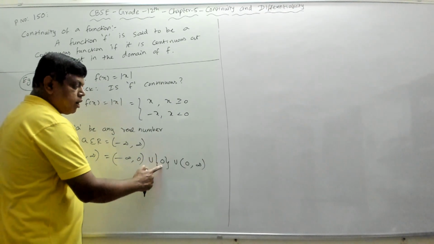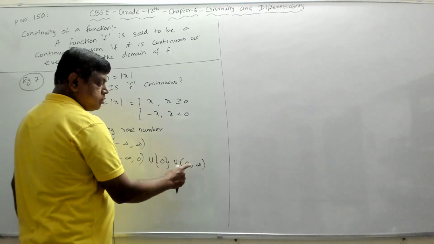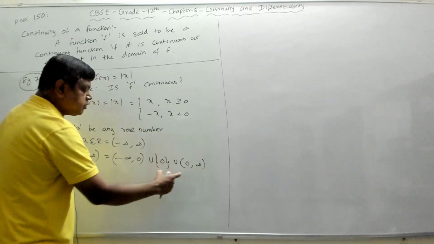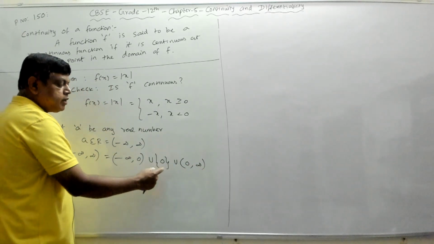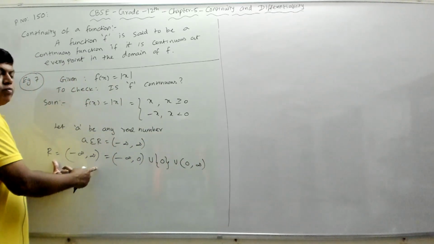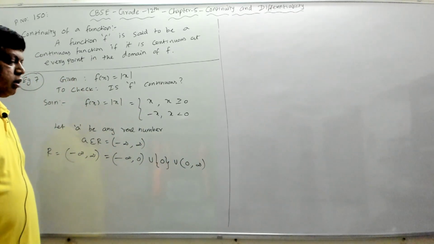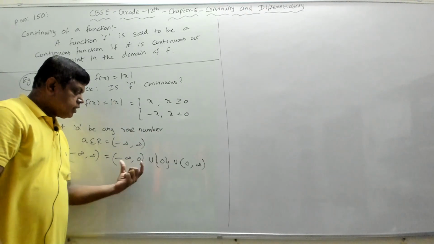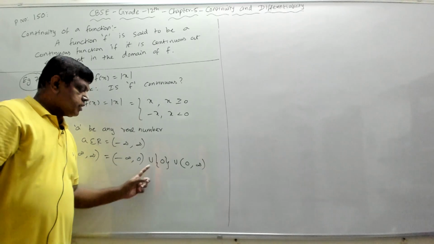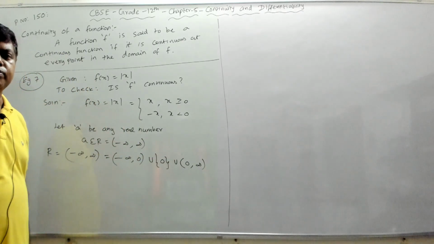Then only 0, and again 0 to infinity, an open interval, which means 0 is not here either. This denotes the set of all positive real numbers, this the set of all negative real numbers, and this is 0. The combination of all three gives the set of all real numbers. Now we need to check whether f is continuous here, here, and here. If it is continuous on each of these sets, then f is continuous.